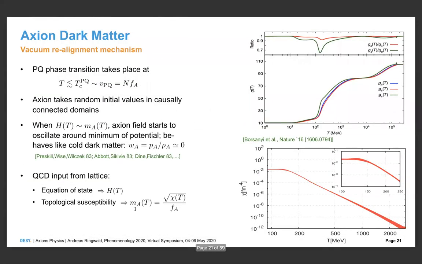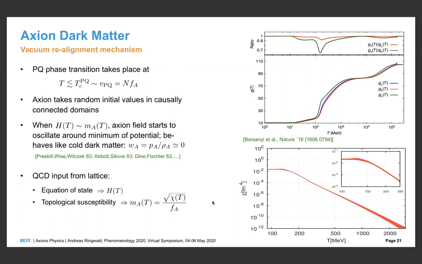The topological susceptibility, which determines the axion mass, has also been determined using new lattice results over the relevant energy range.